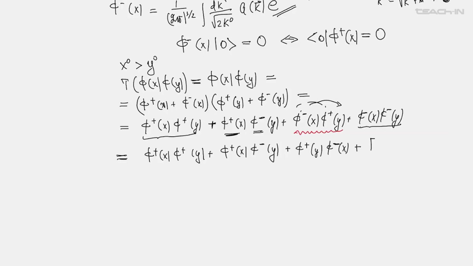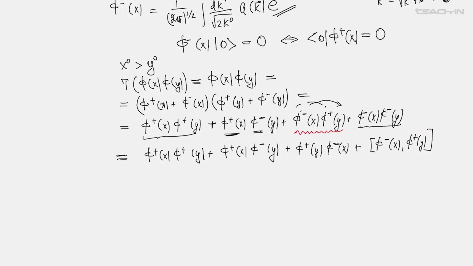So if I open this commutator and write it explicitly, you see that the term phi minus on x, phi plus on y will be restored back.